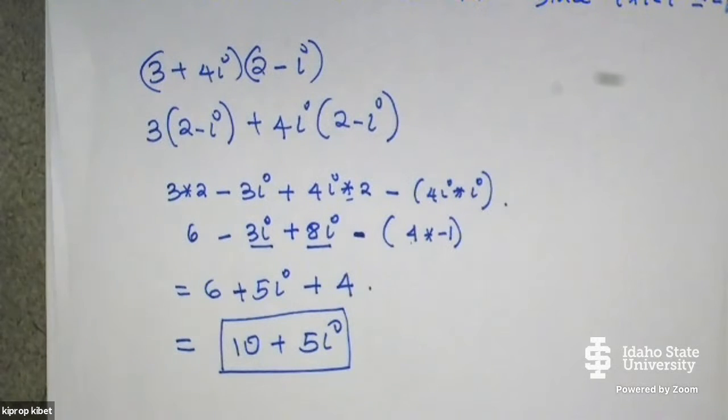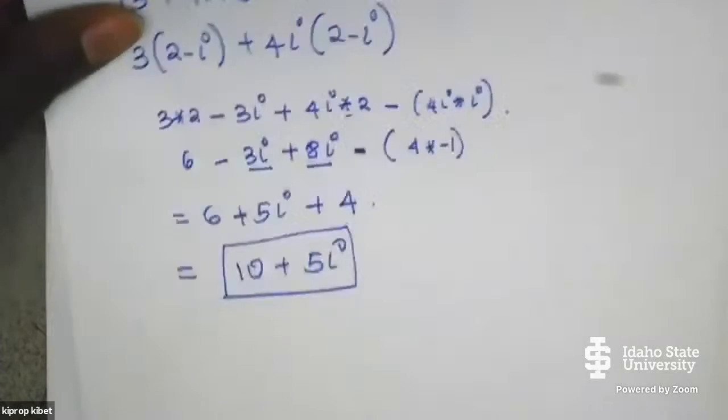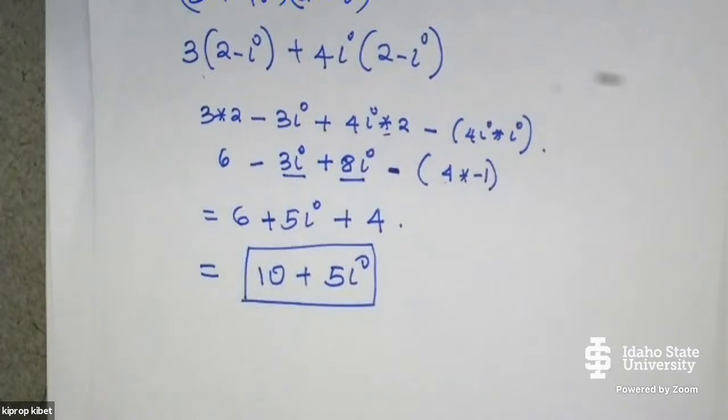Any question? Now, that is the simplest part of complex numbers. We don't have to do a lot, because this is actually just the introduction. There is a course by itself called complex analysis.